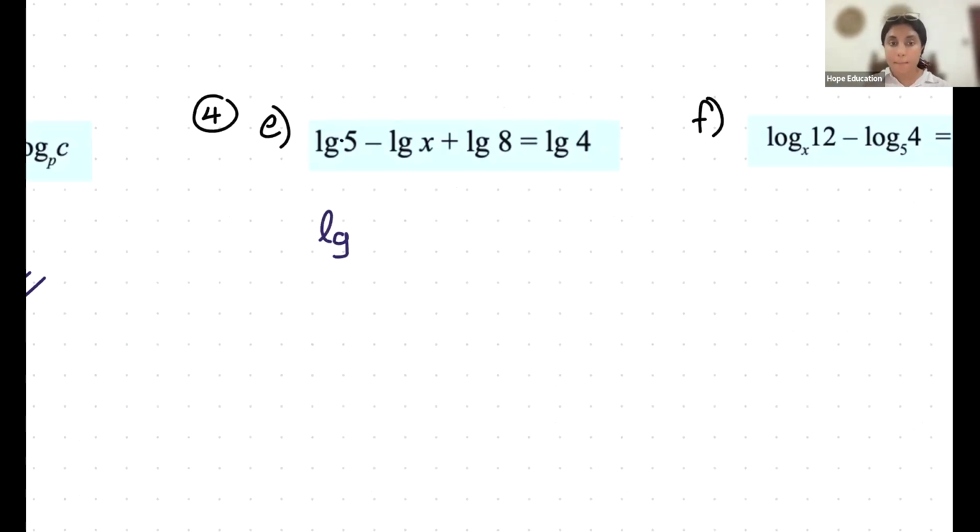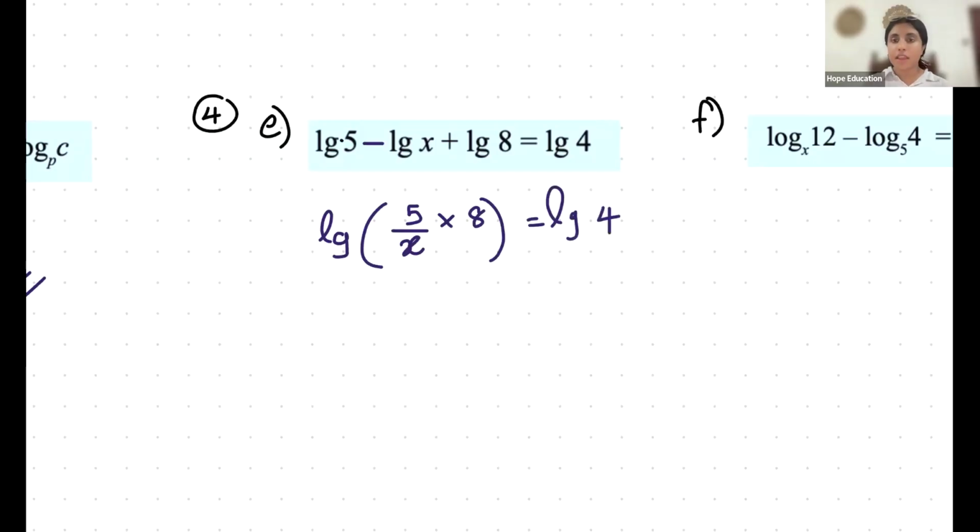So all of them have the same base. I open brackets. 5 logarithm of 5. LG5 minus LGX. You know, minus is division. So 5 minus x means 5 divided by x. Plus LG8. You know, plus becomes multiplication. So 8. Equals LG4.